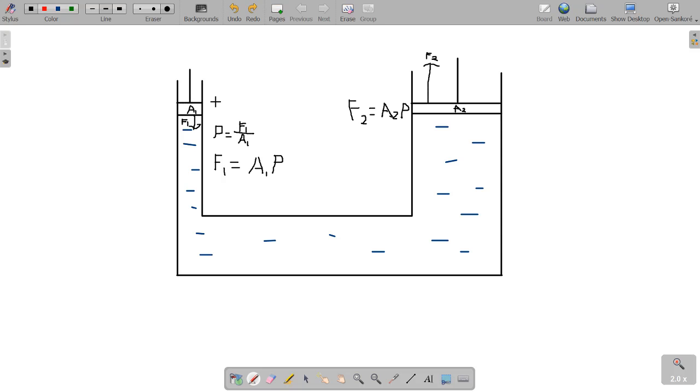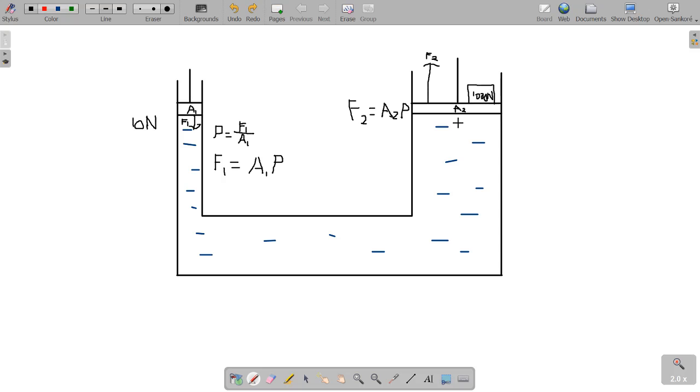You can exert a force of only 10 newtons here. If you make the area of this piston large enough and the area of this one small enough, you can even lift very heavy weights of, let's say, 1,000 newtons.